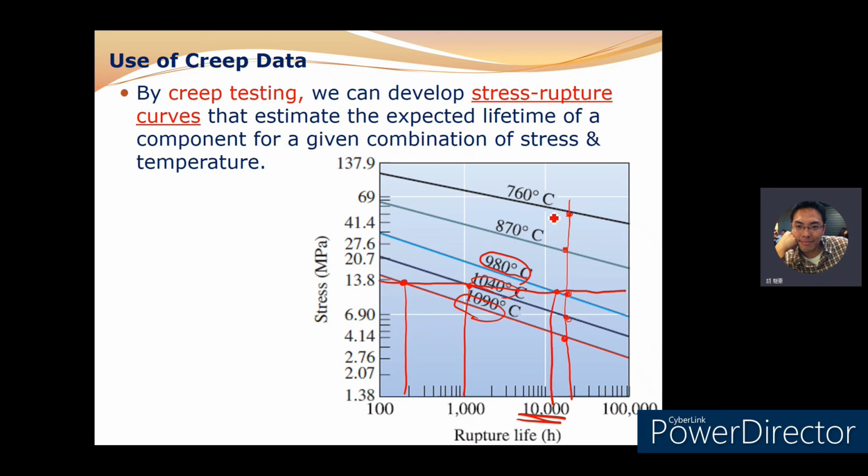For example, if we want the rupture time right here, and this material is tested at 460, we get its applied stress. And if it is tested at 870, we get its stress.